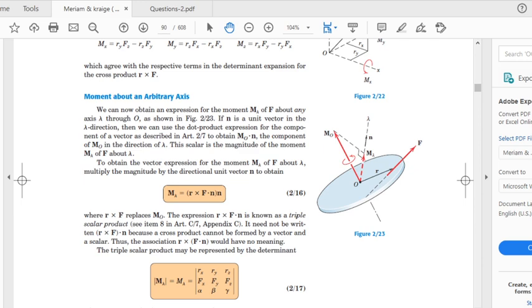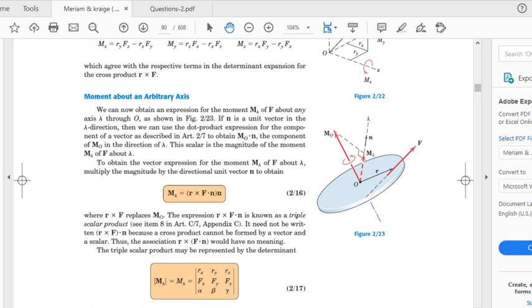And then if we are to find the moment as a vector quantity, any vector quantity can be written as its magnitude multiplied by the unit vector along this line. So if we are to write M lambda as a vector quantity, we know the magnitude is equal to r bar cross F dot n.